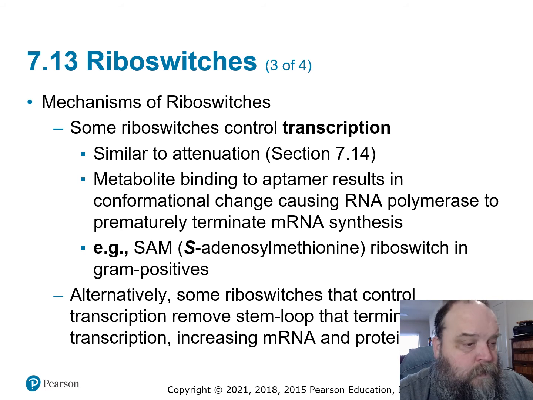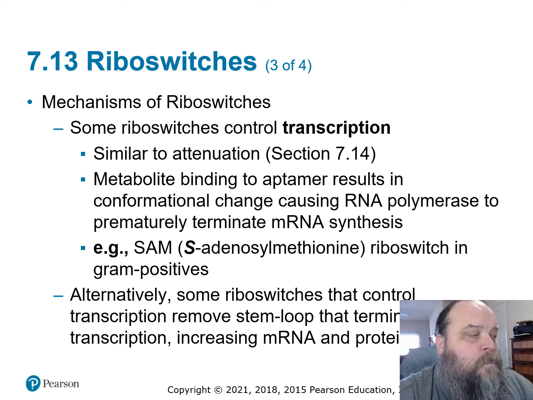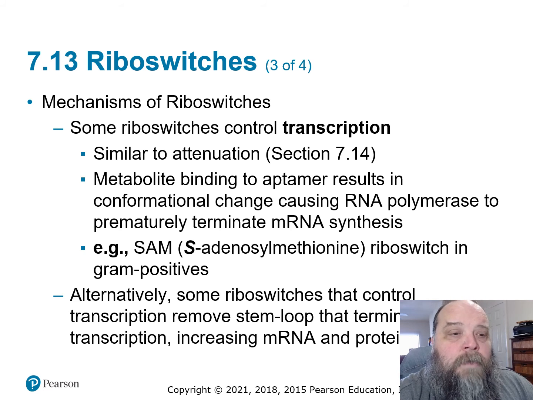Well, if the metabolite is at high enough concentration, regardless of what the transcription factors are saying to do, if there's high enough concentration in the cell, the metabolite is going to bind to that growing messenger RNA chain, start forming alternate three-dimensional structures that will interfere with RNA polymerase activity, and will actually cause premature termination.